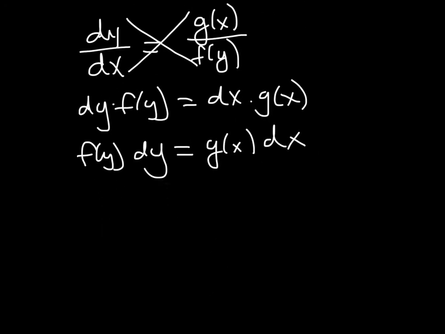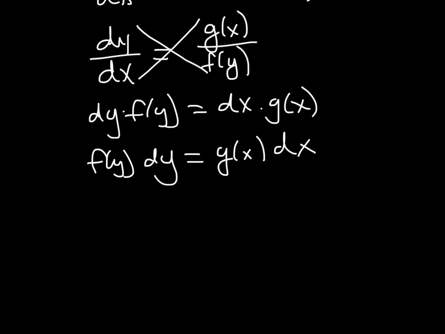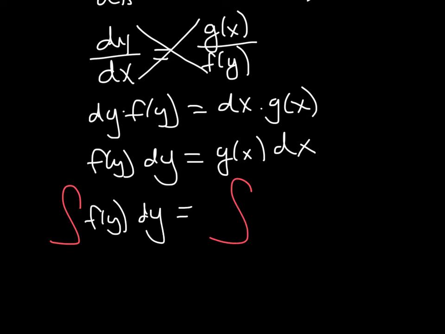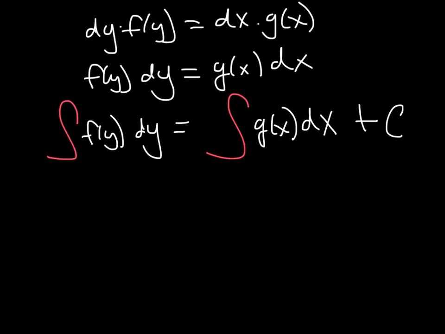And here, we want to know what our unknown function is. So if I integrate both sides, the next step, I'm going to write the integral of f of y dy, and then I can integrate g of x dx, and then I usually add a constant of integration.